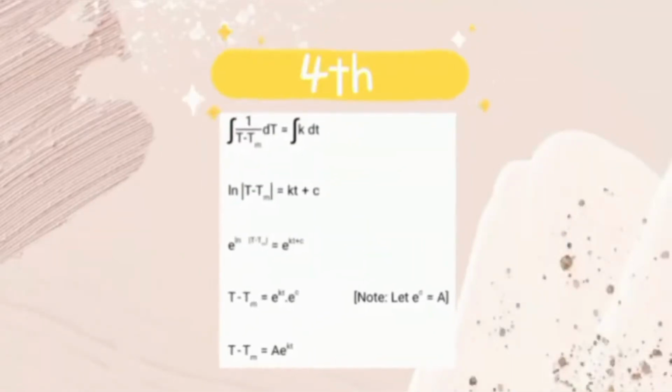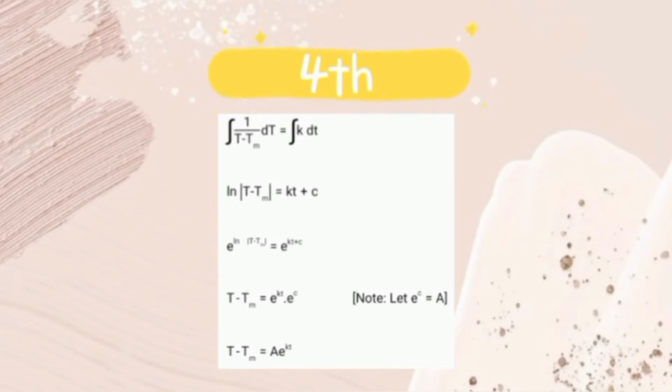The next step is to integrate both sides from what we got in the third step. After integrating, we got ln|T minus Tm| equals kt plus C. To eliminate the ln, we put the exponent on both sides. And in the last step, we got T minus Tm equals Ae to the power of kt.